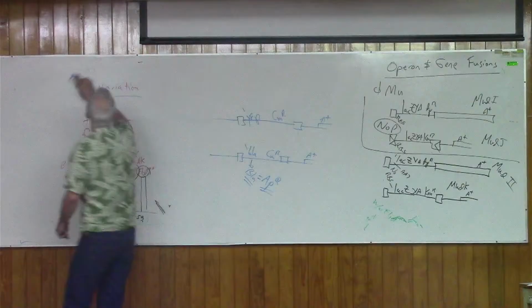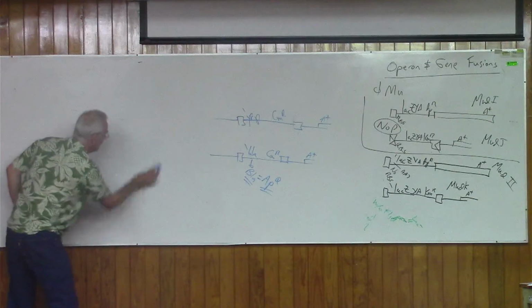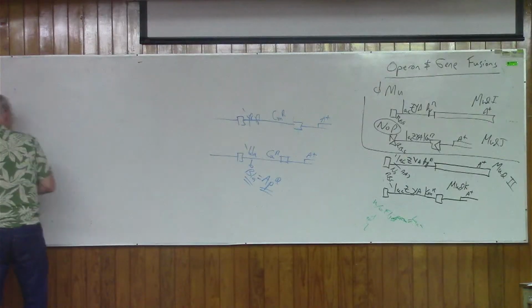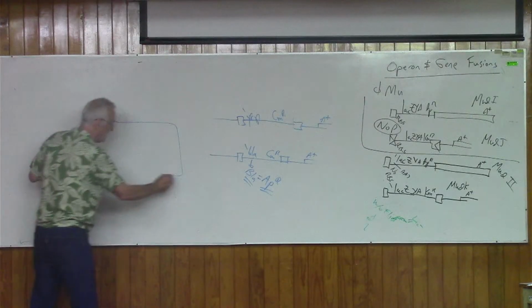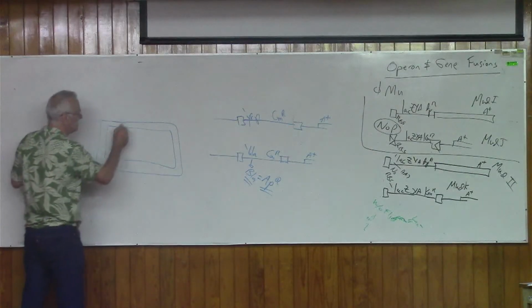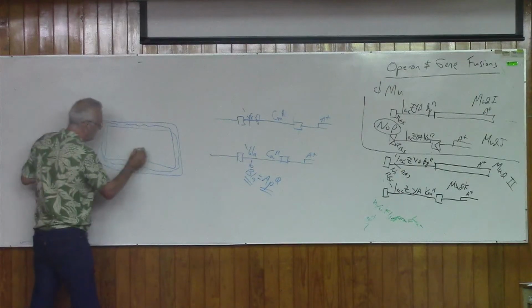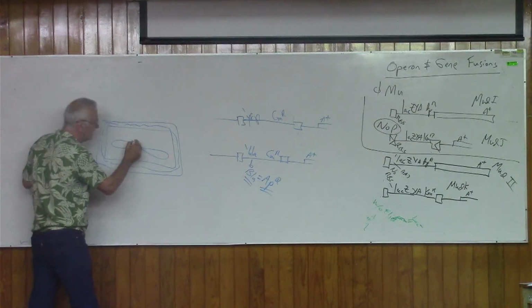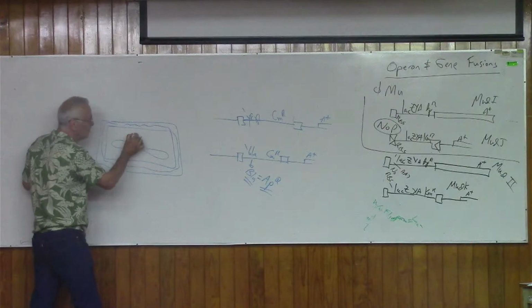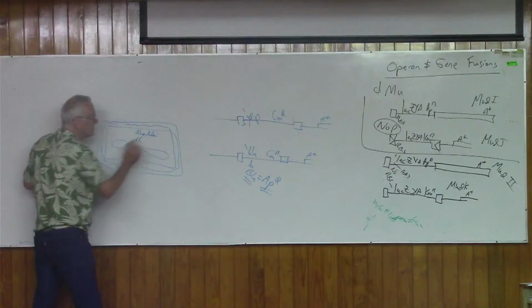So beta-lactams work on cell wall synthesis. Right? And beta-lactamase normally has a secretion signal. Right?